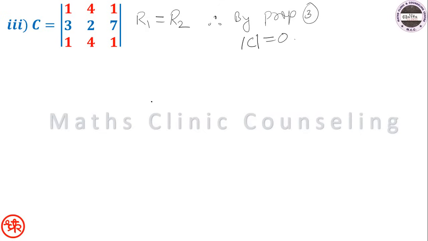If any two rows or two columns are identical, then the value of the determinant is zero. So let us check it physically.